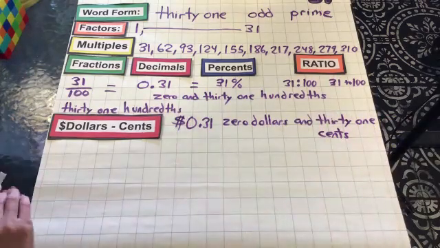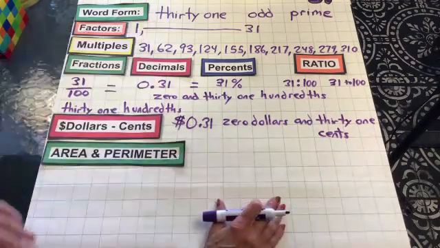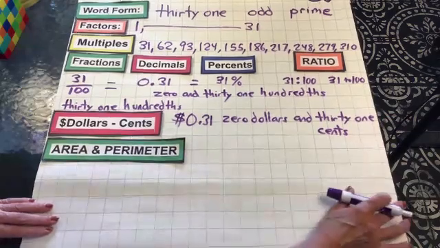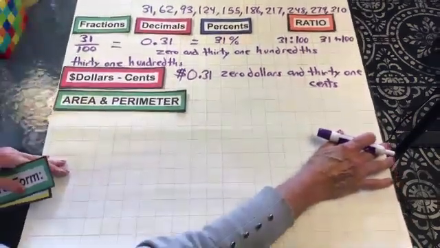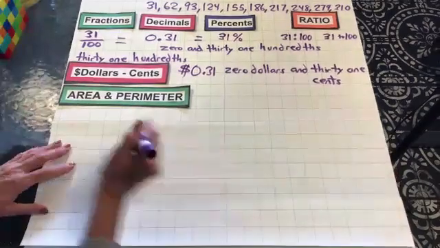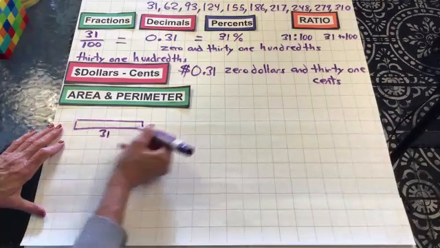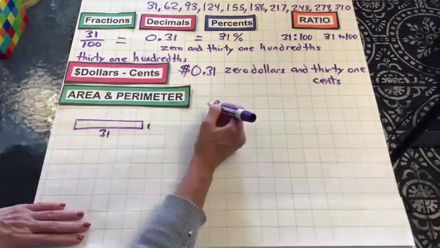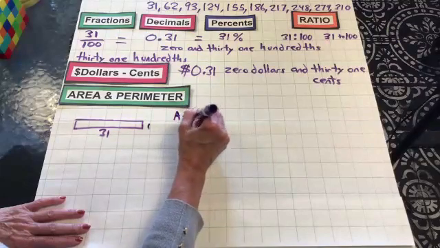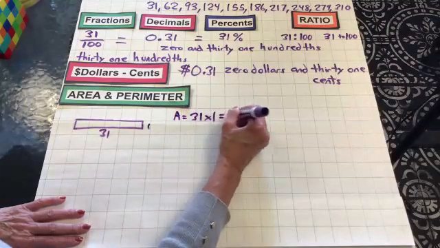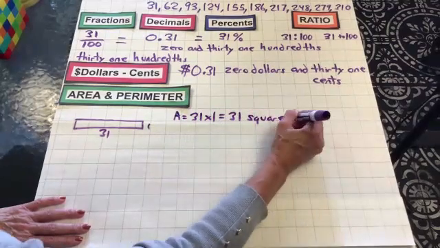All right, let's move right along. We're moving right to our areas. We only have one set of factor pairs, so this is going to be quick and easy. So our first one, of course, is going to be 31 by 1. Area is two-dimensional, so we have area equals 31 times 1, which equals 31 square units.